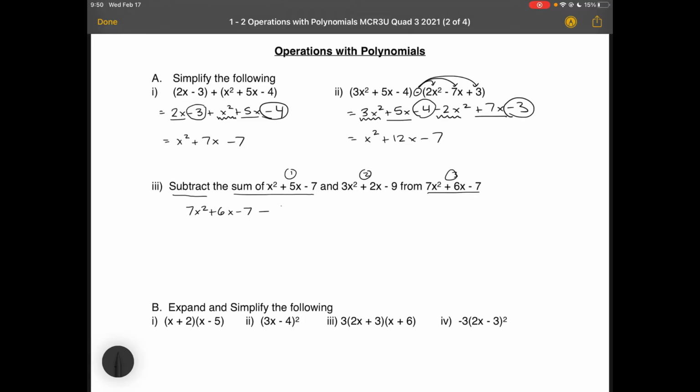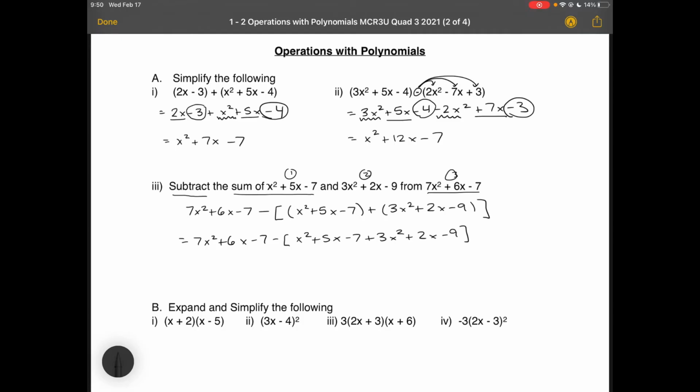And I'm going to take away the sum of the first two polynomials that I've labeled there, plus 3x squared plus 2x minus 9. So just like 1 and 2, I'm going to get rid of the brackets in my square brackets over here.